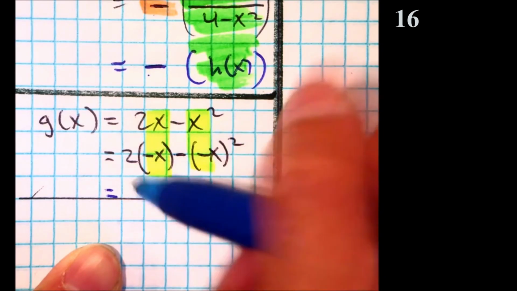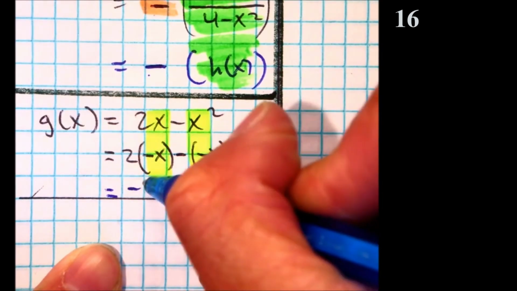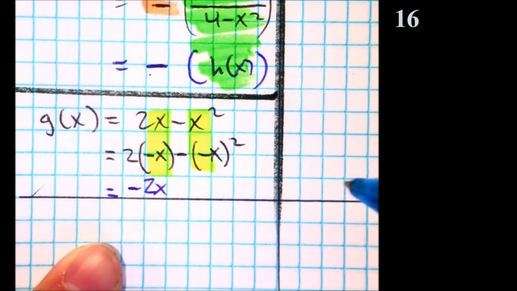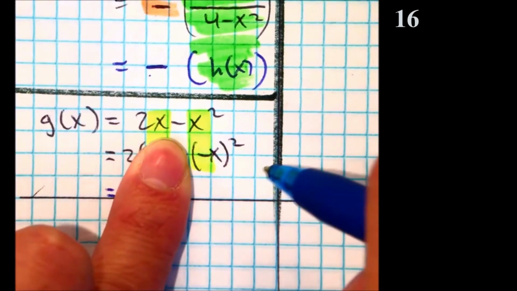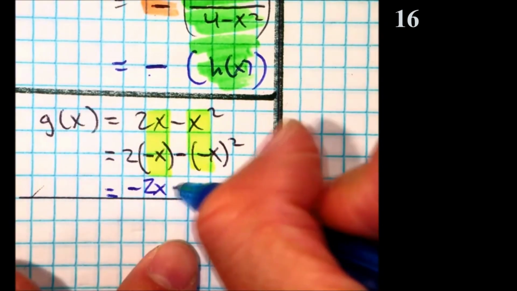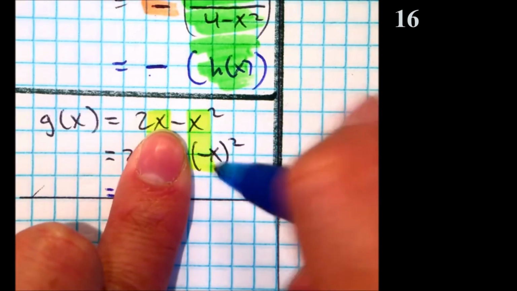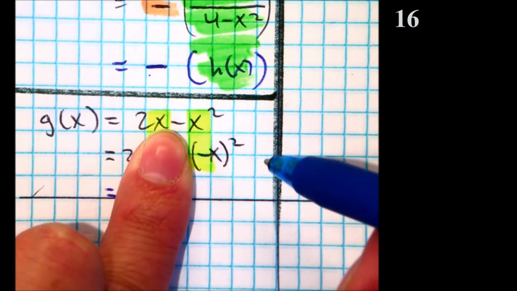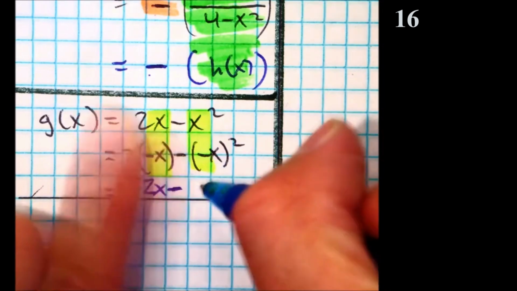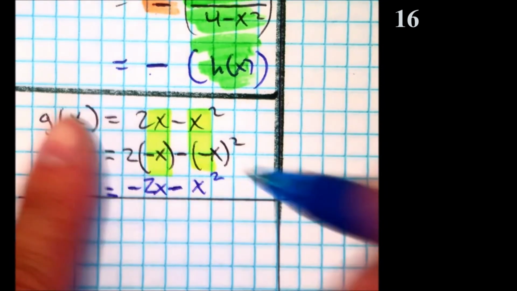Positive or negative? Negative. So we say negative 2x minus negative x squared. Positive x squared.